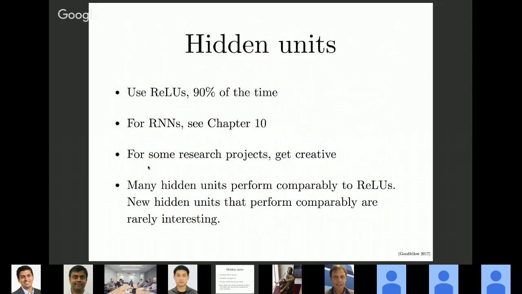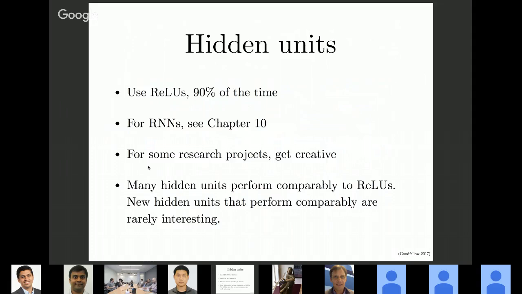When I originally wrote that paragraph in the book, my co-author Aaron Courville said, well, how can you back that up? I said, I'm trying to say that hidden units that haven't been published yet also work fine, and it isn't worth publishing about them. So if it had already been published, it would be in the literature, so I couldn't say that a not yet published hidden unit is useful.